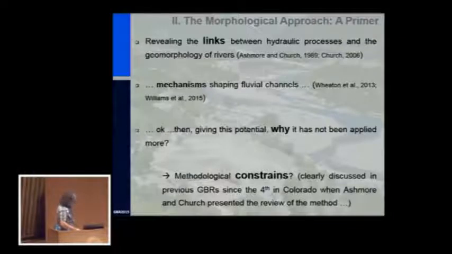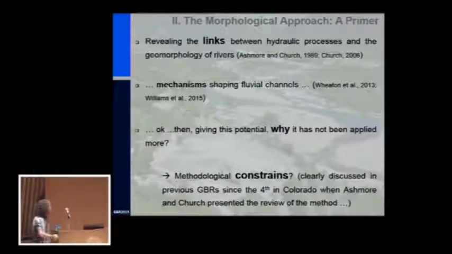But one thing is that when you do a literature review and look at the proper morphological approach, extracting sediment fluxes, not just the sediment budget in a given reach, but extracting sediment fluxes from the morphological approach, you can see that it has not been applied a lot, at least from what we've seen.